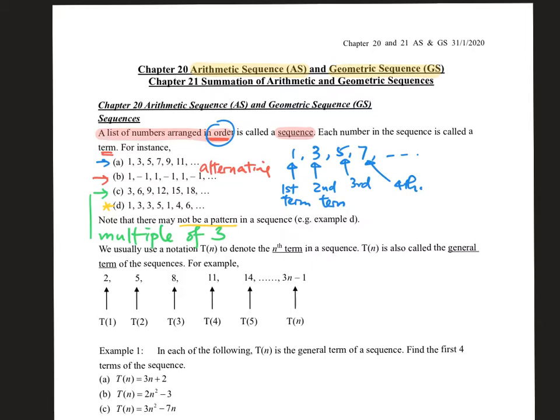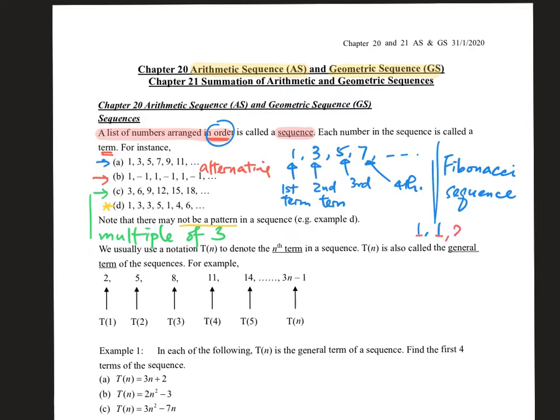Before we come to some technical terms, you can also see some sequences carry a special name, like the Fibonacci sequence. It is an Italian name, Fibonacci. The sequence begins with 1, 1, and afterward you add up the previous two numbers to get the next one.